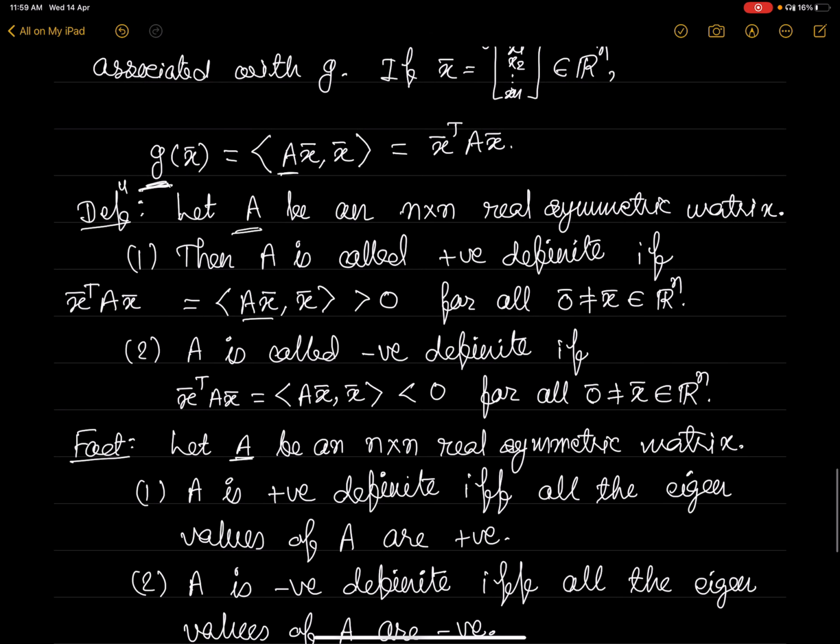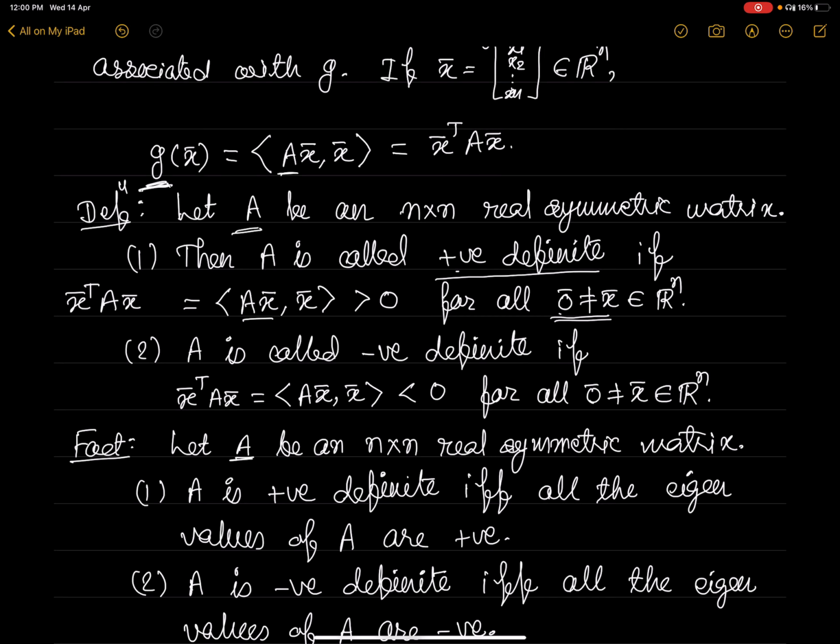See, people also define what is meant by positive semi-definite. We have defined positive definite. One can define it this way: A is called positive semi-definite if the inner product of A x bar with x bar is greater than or equal to 0, and there we don't need to put the non-zero condition. Again, A is called positive semi-definite if for every x in Rn we have the inner product of Ax with x greater than or equal to 0.